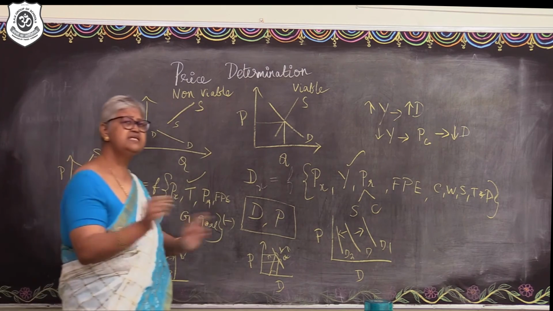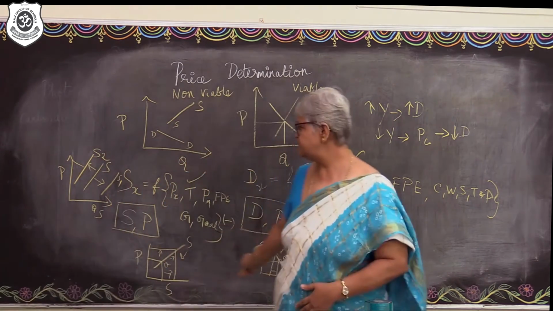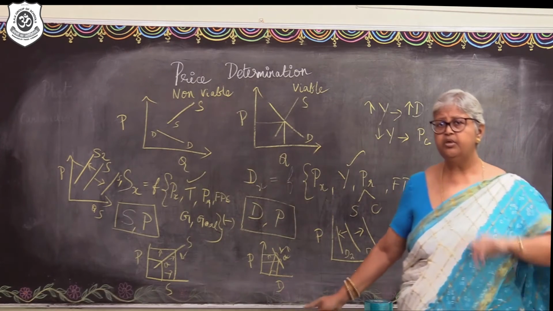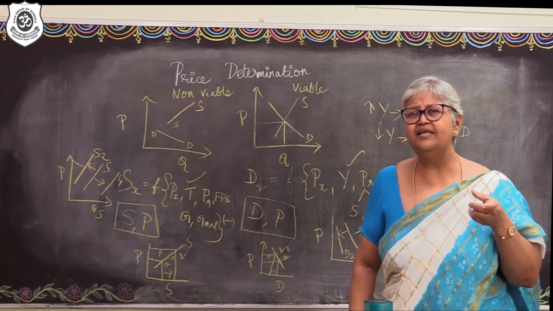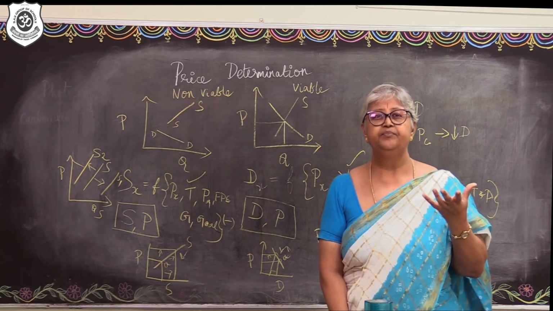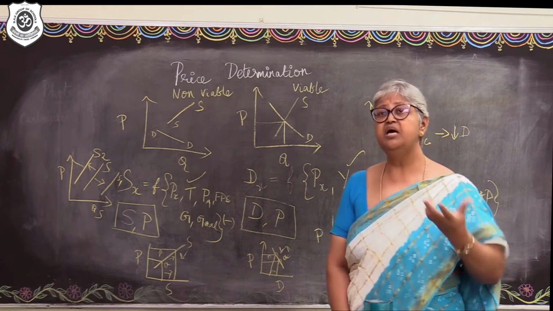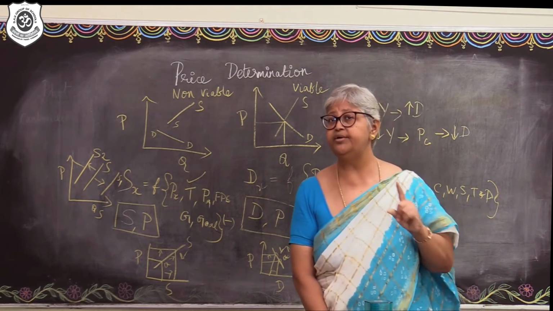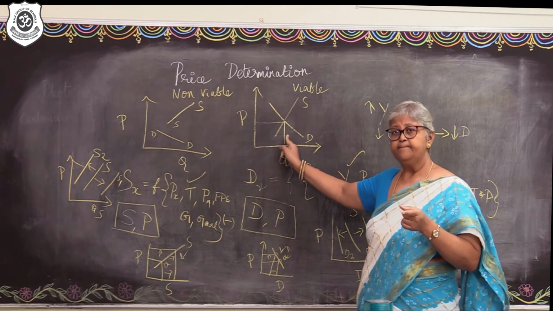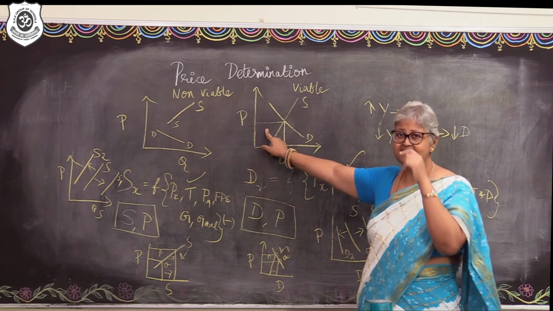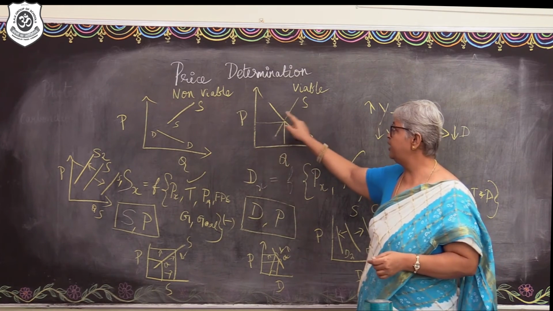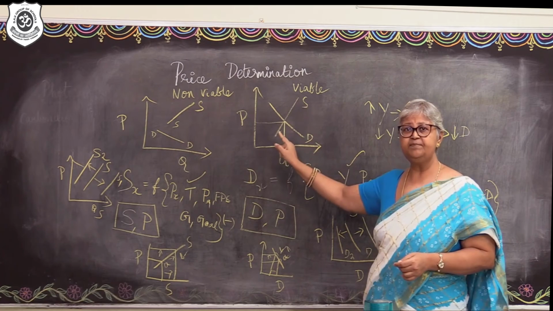So shifts in the supply curve and shifts in the demand curve, they may happen due to other factors other than the price affecting the demand or the supply. Right? Now, in the market, you've already understood that it is a single price that is determined in the market, right, where the quantity demanded is equal to the quantity supplied.